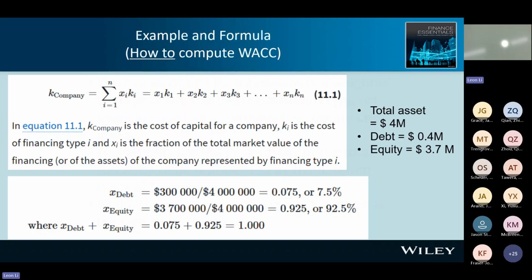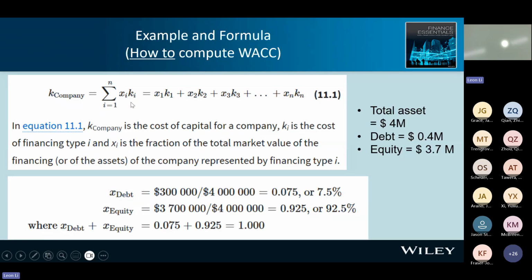So on this slide, we give you the formula for the WACC. WACC is the weighted average cost of capital. So we consider a general case. K1, K2, K3 to Kn are the costs of capital, right? K1, cost of capital 1, K2, cost of capital 2, K3, cost of capital 3, and so on.